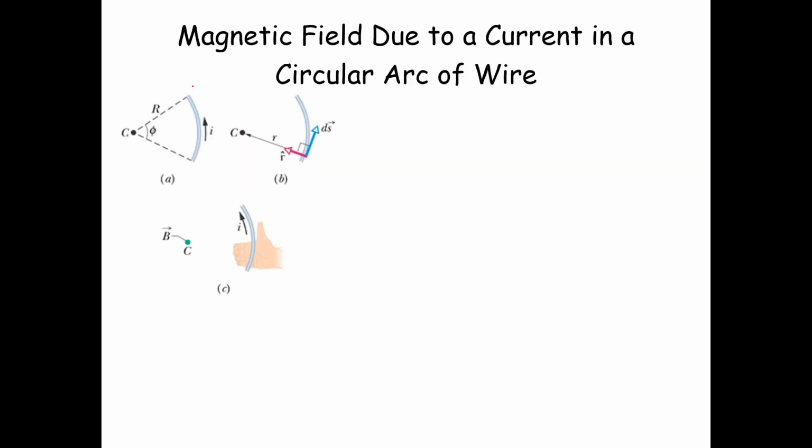Okay, and then how to calculate the magnetic field due to current in a circular arc of wire. So it's a circular arc like this one.